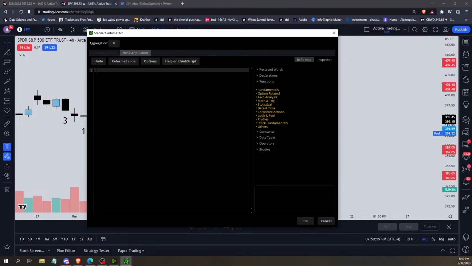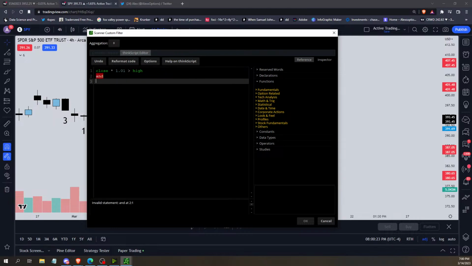When you're looking for a kicking pattern, it's really easy to scan for because we just want something that closed within about a percent of the highs. So we want close times 1.01 to be greater than the high.